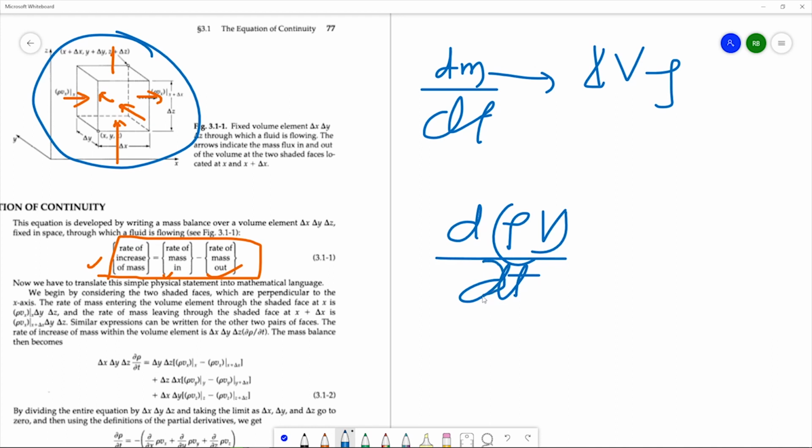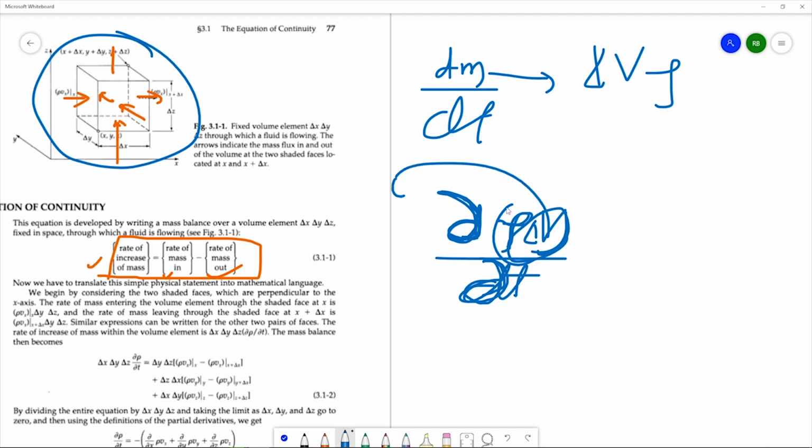This should be dou, because the velocity is a function in 3 directions, and the density can also be a function of time and space. Now your coordinate system or your volume, delta x, delta y, delta z, is not changing with time, so you can take this volume out.